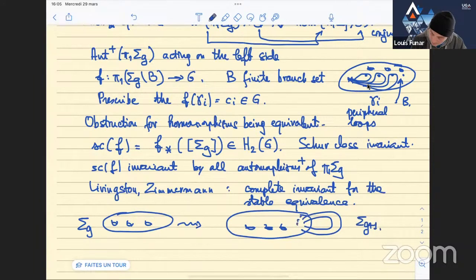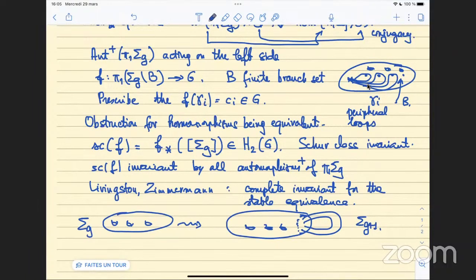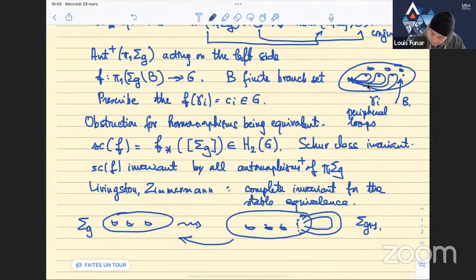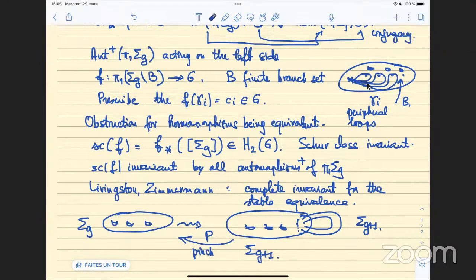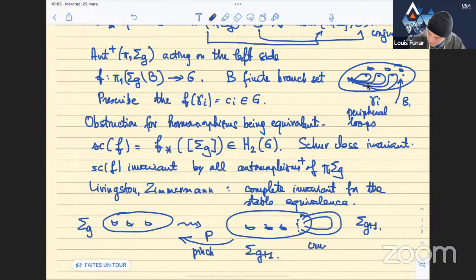I can see the handle added along a disk, so let's say one hollow torus, and you have a map which is crushing this handle. Let's call this map pinch, which is going from sigma g plus 1 into sigma g, which is crushing the one hollow torus.